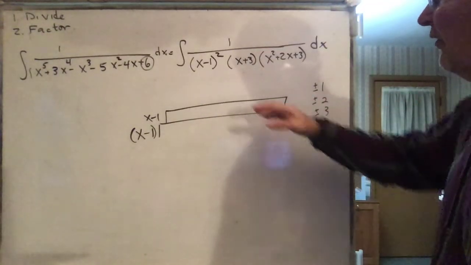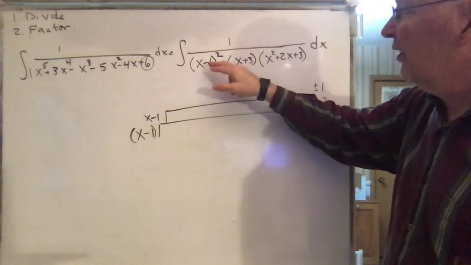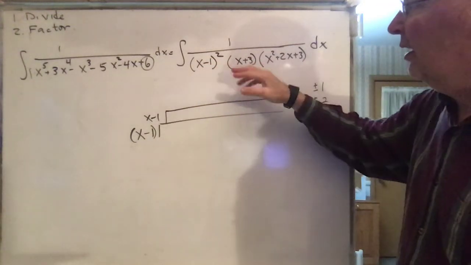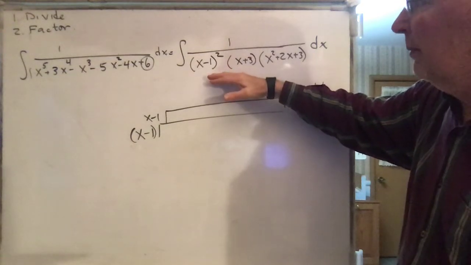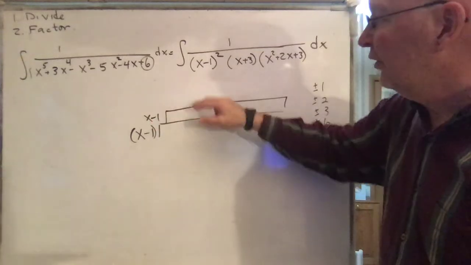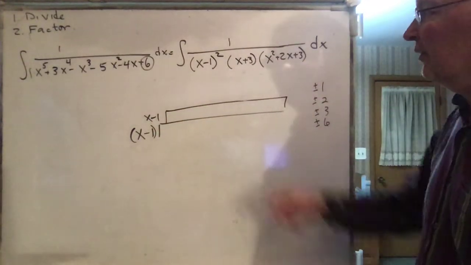So the point is the fact that this thing factors into these means that when you divide it into there, you're going to get something with no remainder. Okay, it factors. This is a factor.